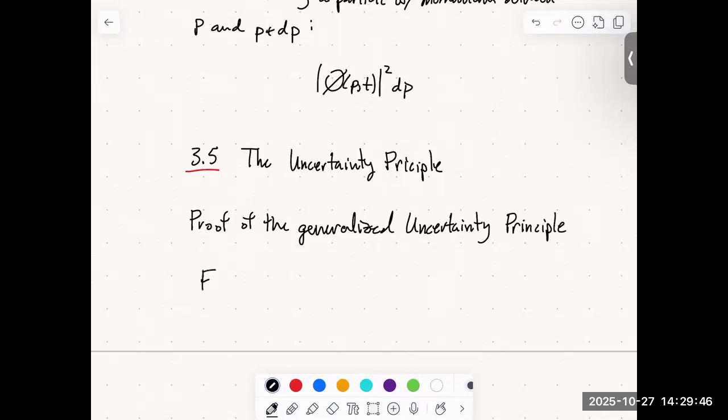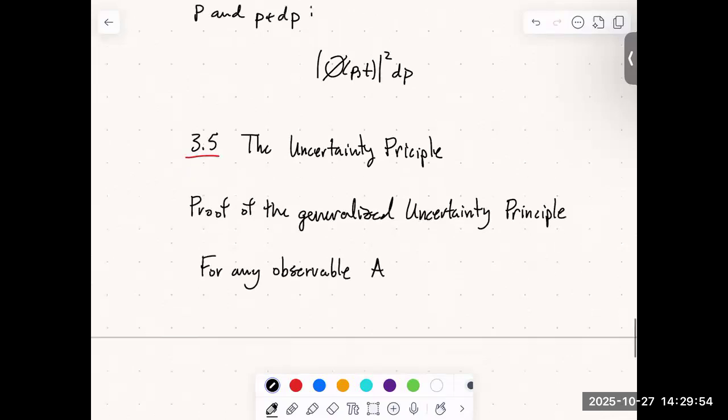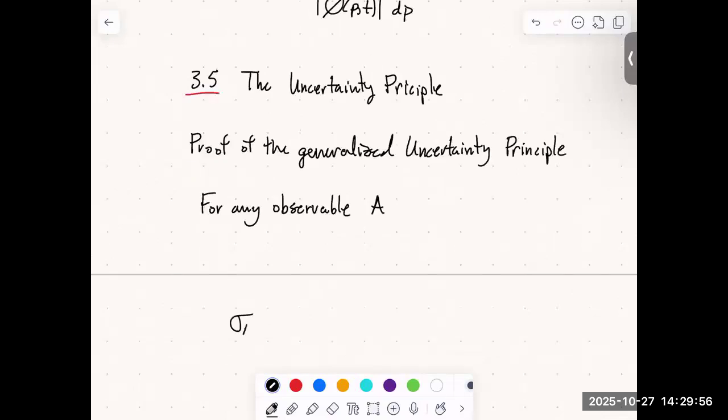So for any observable A, we're going to imagine that I want to calculate the standard deviation of A. So we have all these replica systems, they're all prepared identically, and then we operate on each of these systems with our operator A hat, and we measure all the eigenvalues, we get some distribution, and I want to find the standard deviation.